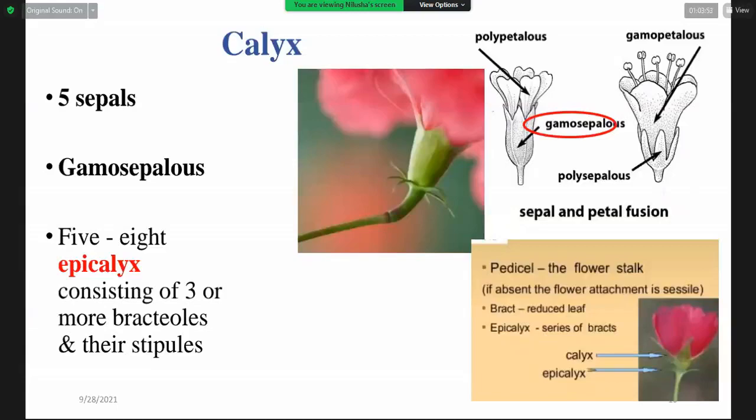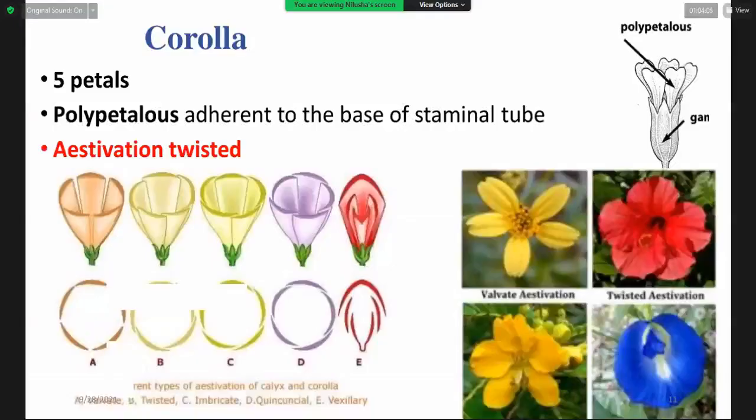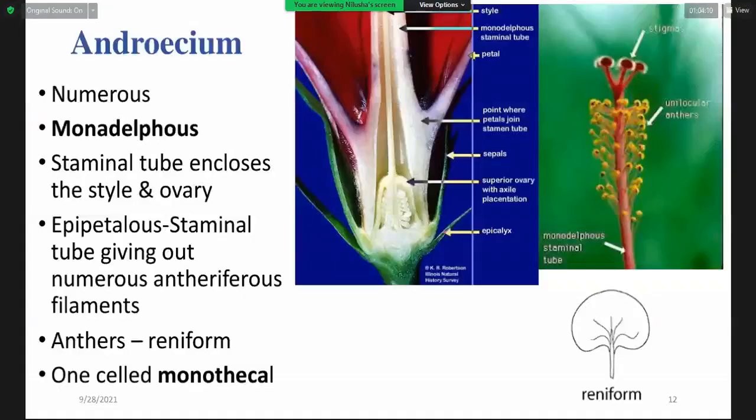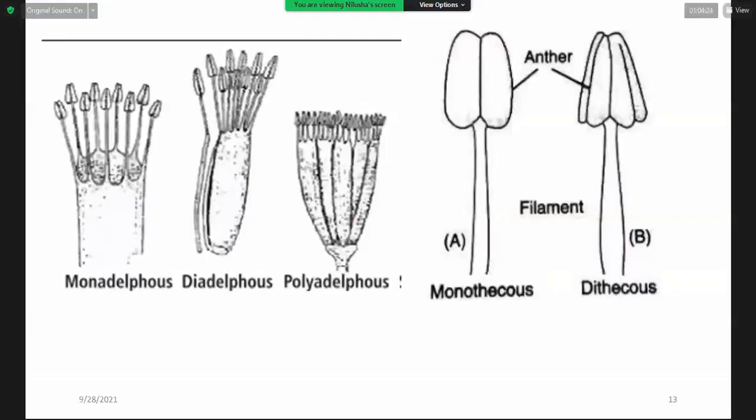Ma'am, can you please explain about monothecal? Monothecal means, in the end parts, you can see there is only one lobe.